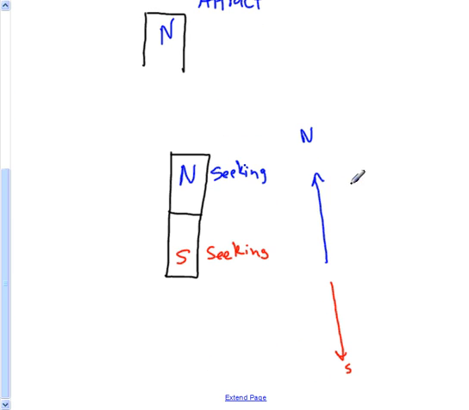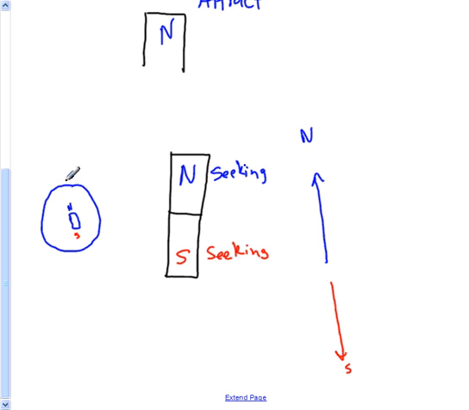So if that's the case, if we have labeled this side of the magnet as being a north side of the magnet, then what does that mean about the Earth's magnetic field? Okay, there's the Earth's magnetic field, and if we have a little magnet here that has north up here and south down here, then what does that mean about the actual magnetic properties of the planet?